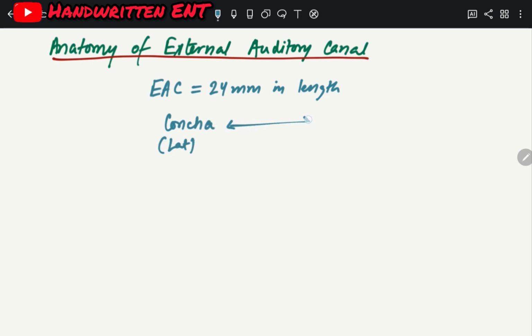Our today's topic of discussion is anatomy of external auditory canal. So, external auditory canal is about 24 millimeter in length and it extends from concha laterally to tympanic membrane medially.